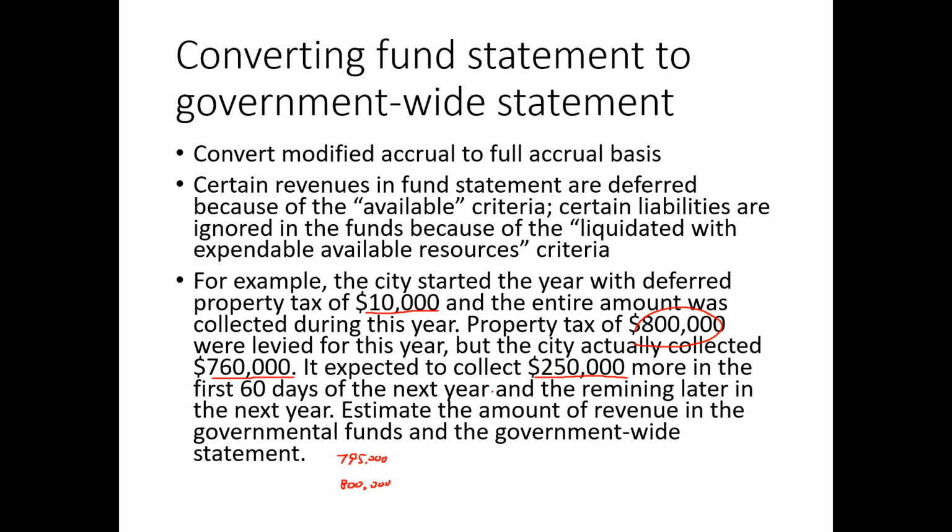And also we need to add the amount to be collected, the $5,000, as this year's government-wide revenue. By doing this we can convert 795,000 to 800,000, and this number will be reported in the government-wide financial statement.